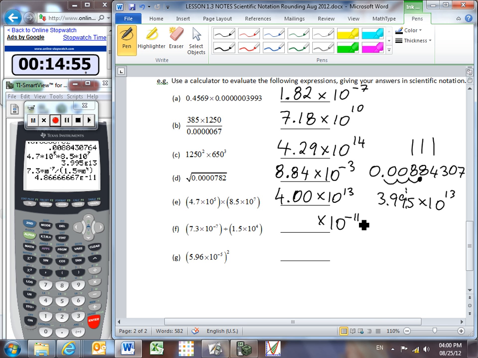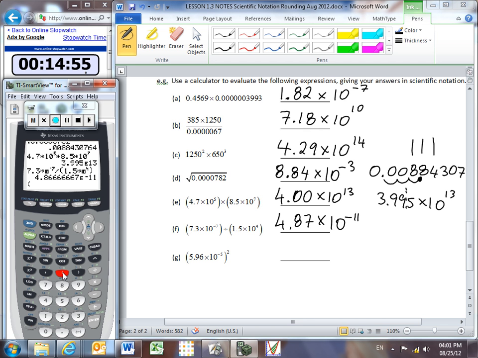Furthermore, as we round to 3 significant figures, our first non-zero number is 4, so 4.86. And the number after the 3rd significant figure is bigger than a 5, and so this 6 will have to round up to a 7, and we've got 4.87. And the last example, we're taking the entire quantity, 5.96 times 10 to the power of -5, close the parentheses, and we're raising it to the power of 2.